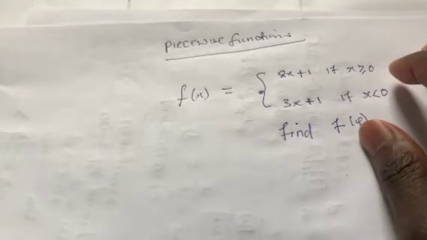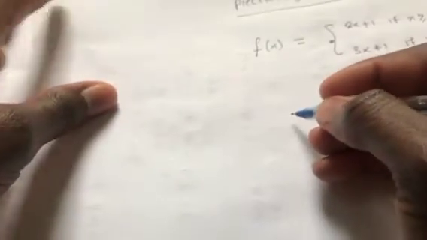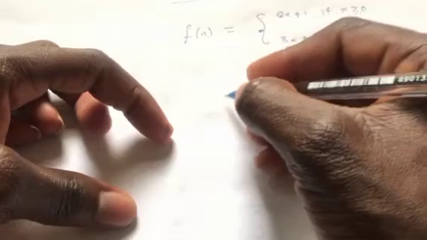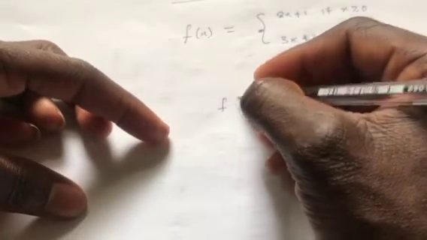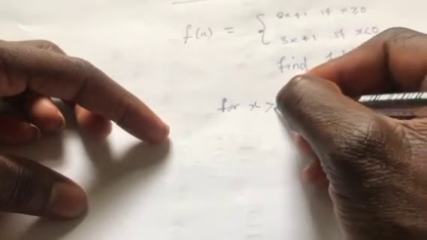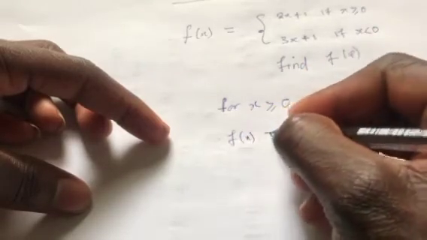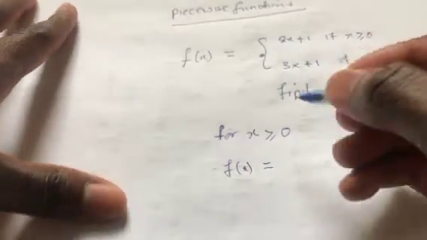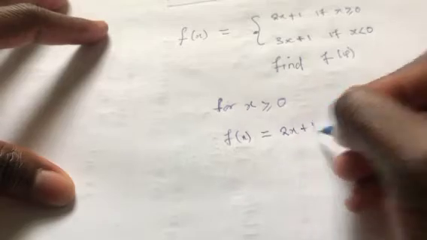I'll start with the first interval. In the first interval we are saying f of x, that is for x being greater than or equal to 0. Then f of x has to be equal to the function which is on that given point, so this has to be 2x plus 1.